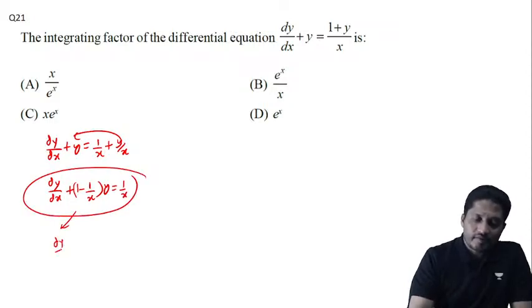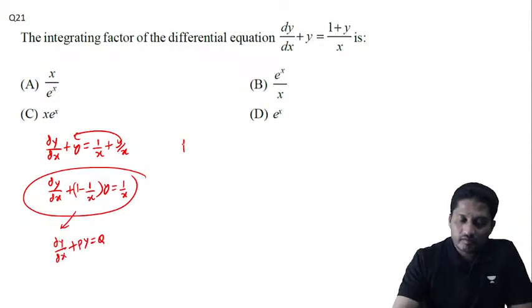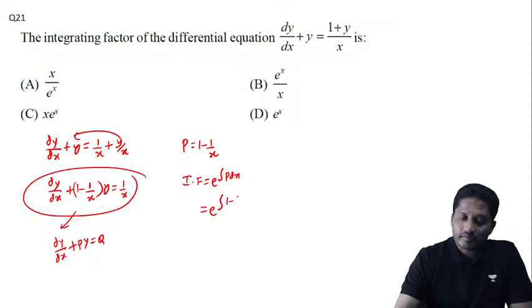This is of the form dy by dx plus py is equal to q. Okay, now p is equal to 1 minus 1 by x. Integrating factor is equal to e power integration of p dx, right? This is e to the power of integral of 1 minus 1 by x dx. Integration of dx is x, integration of 1 by x is log x.